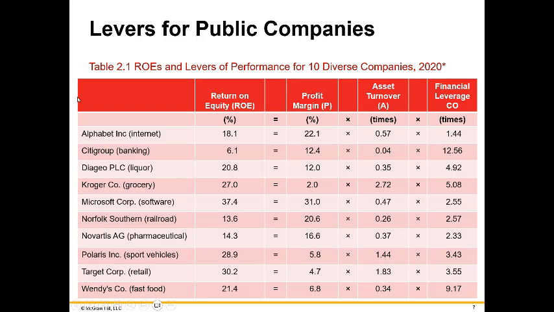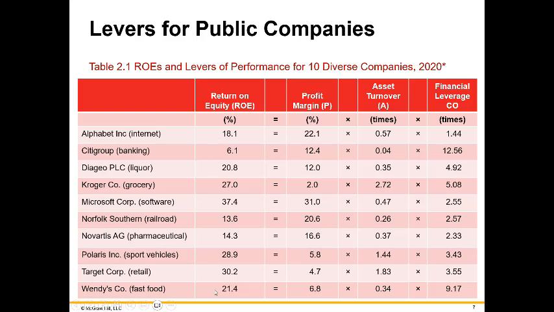Now, of course, any company could decide to use more leverage, use more debt, and that would always drive up their ROE, but we'll find that there's a balance here. Because of the risk involved, for certain businesses it makes more sense to use leverage, and for certain businesses it makes more sense to have more equity and lower leverage.